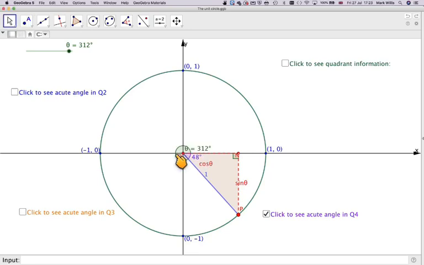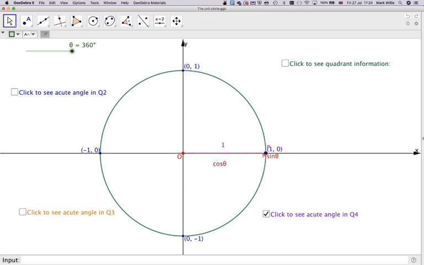Cos, this line here, is now positive, but sine is negative. Because tan is sine divided by cos, tan is also negative. So cos is positive in this quadrant. We can use this idea to solve trig equations.